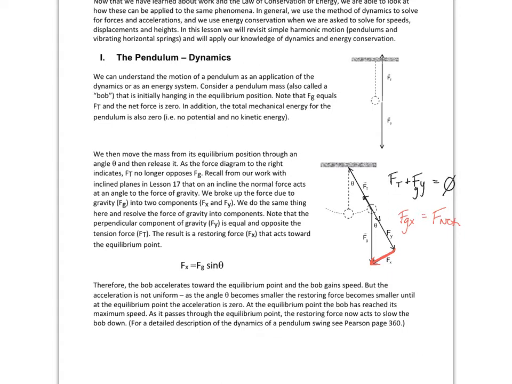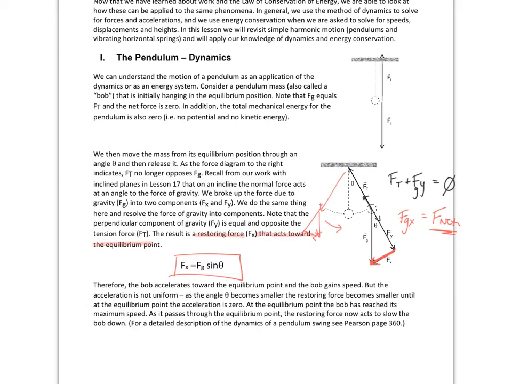So this is how we got Fx, which is, again, also equal to F net. So we call this the restoring force that acts towards the equilibrium point. If we'd stretched the bob this way, we would have had a restoring force towards the center again anyways.